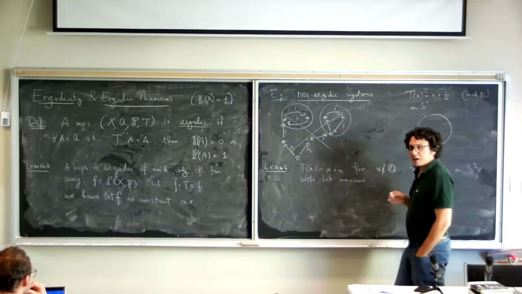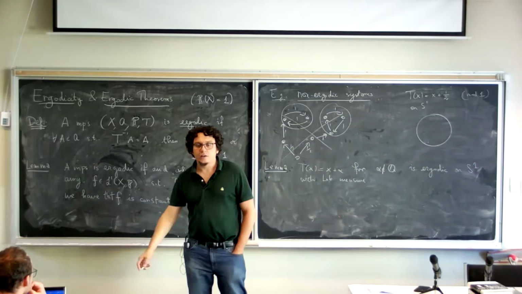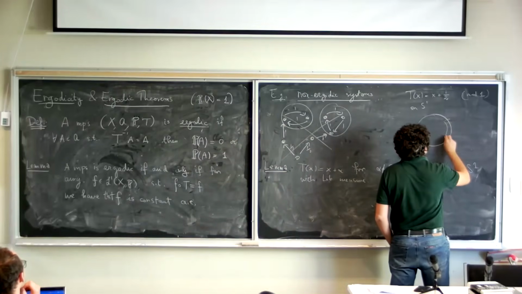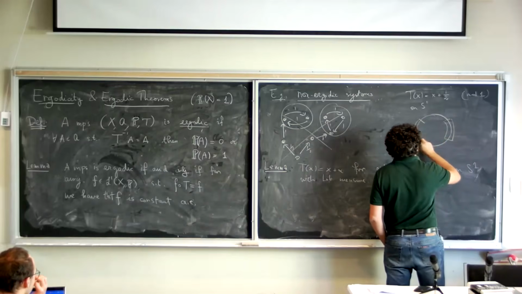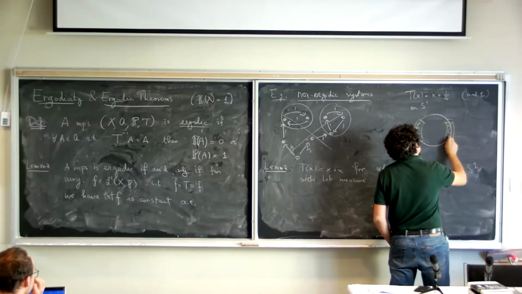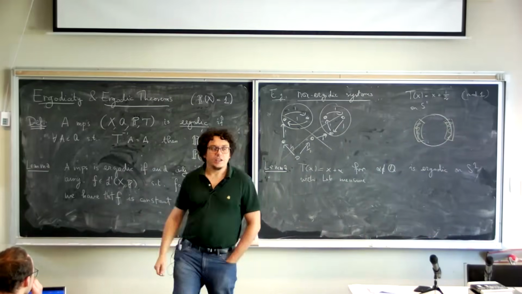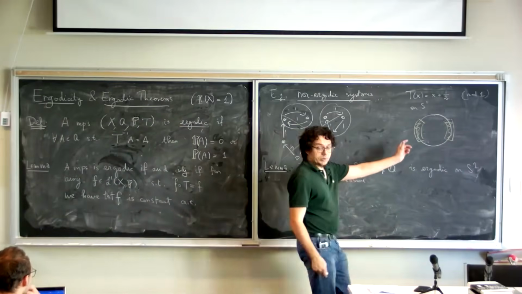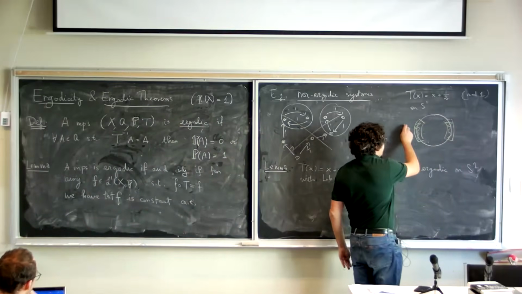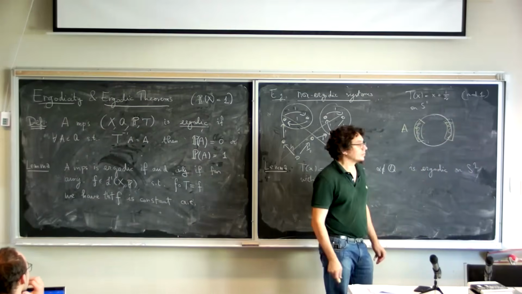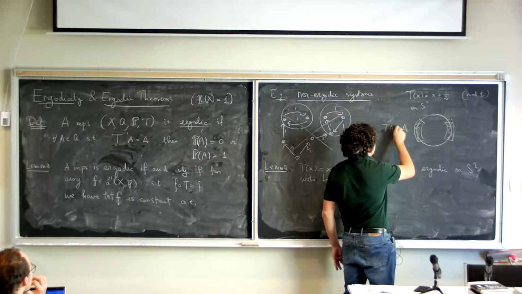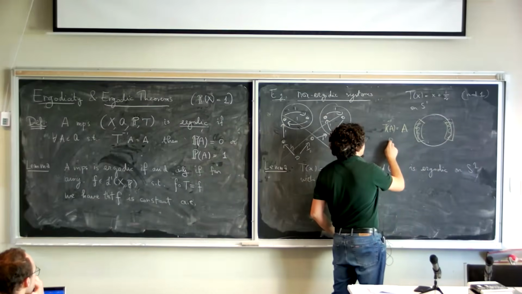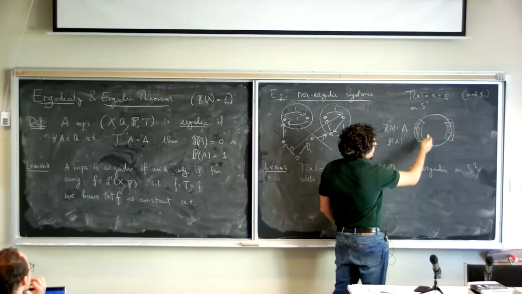Can you find an invariant set that does not have full measure? Yes, that's right. If you take some set like this, when you rotate by half a turn, the two pieces swap. So this set A is invariant, so the inverse image of A is A. But the measure of A depends on how you choose it.